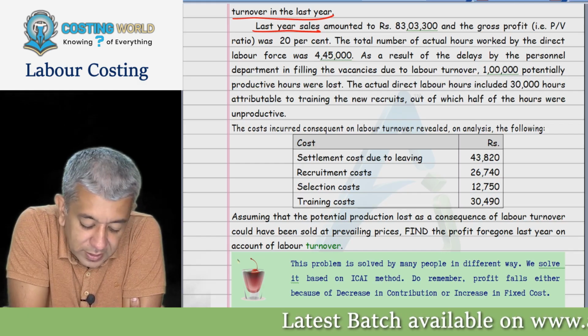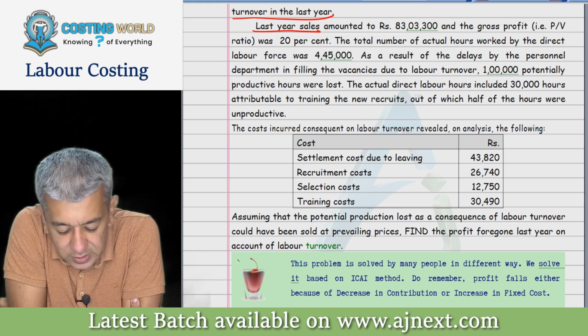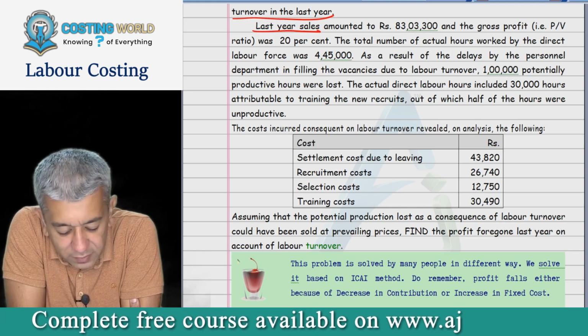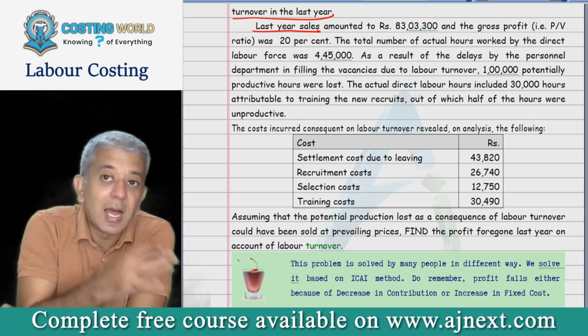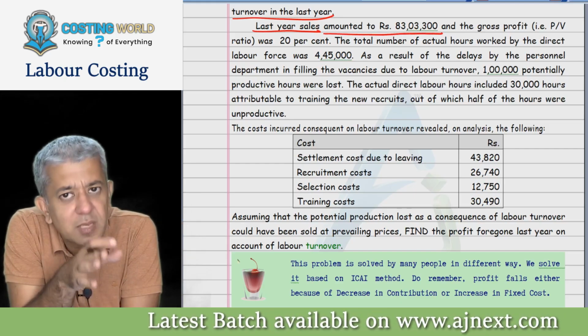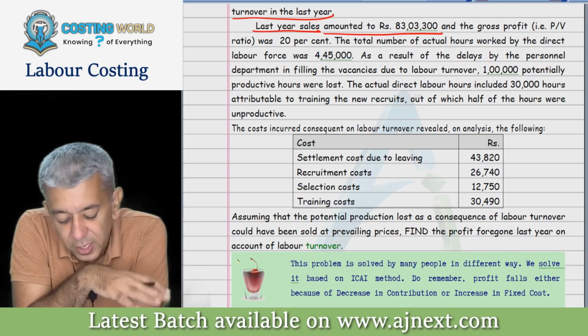As a result of delays by the personnel department in filling up the vacancies due to labor turnover, 1 lakh potentially productive hours were lost.